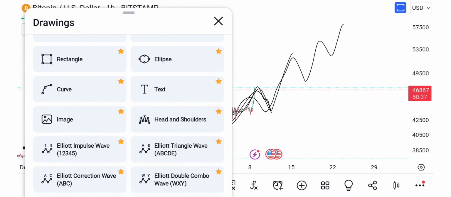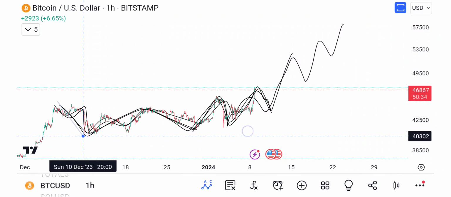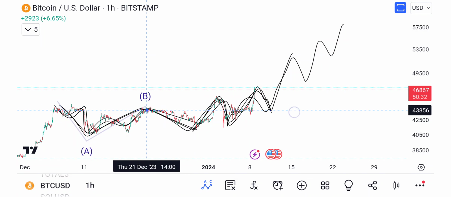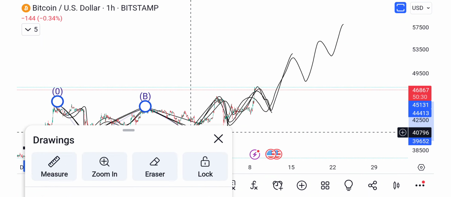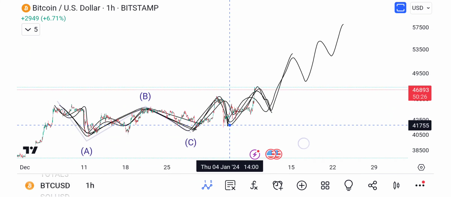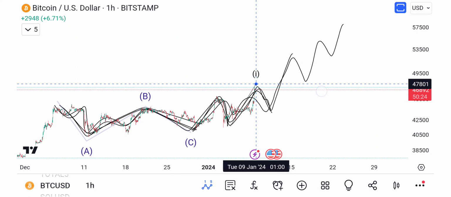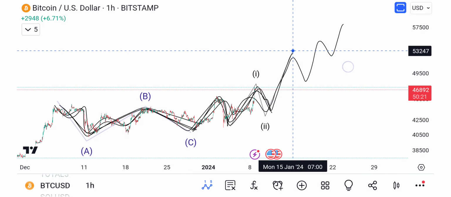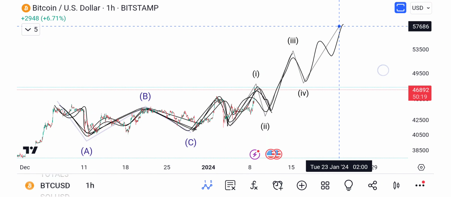So if I can label it for you, A, B, C. And then we have a 1, 2, 3, 4, 5.